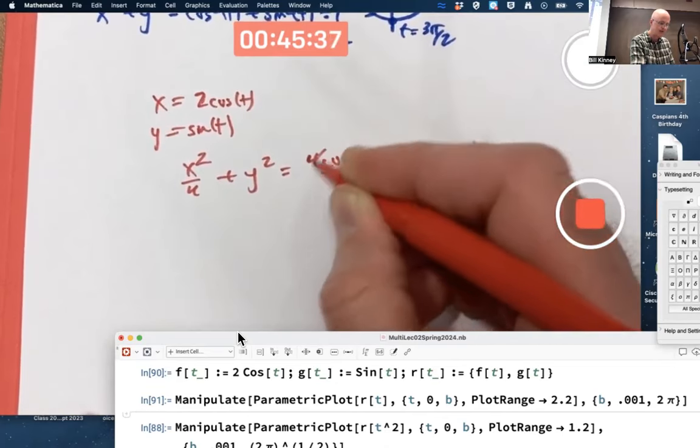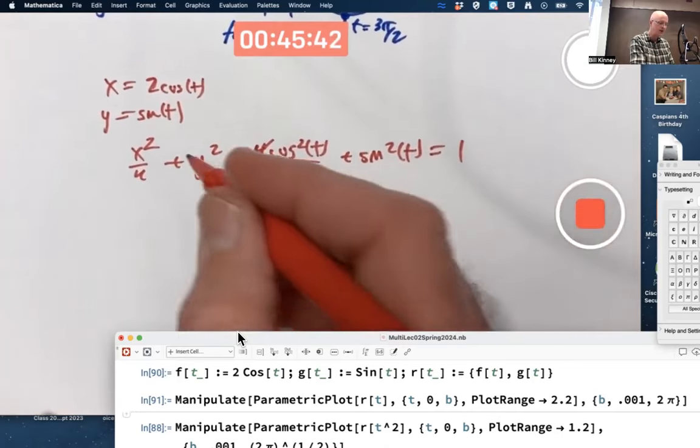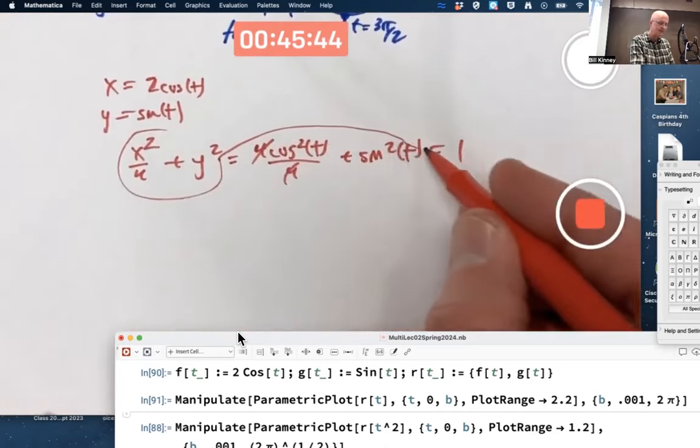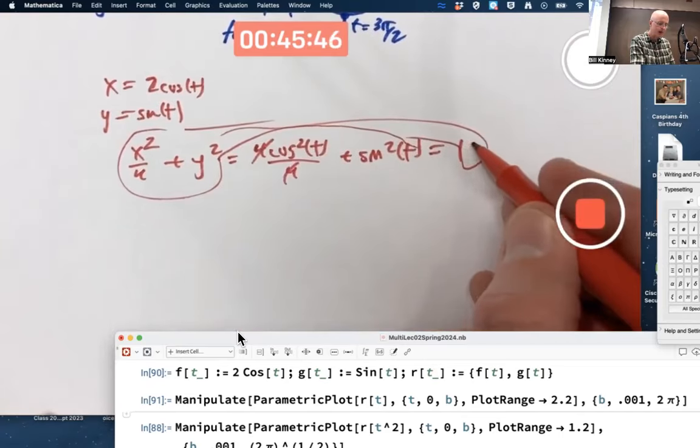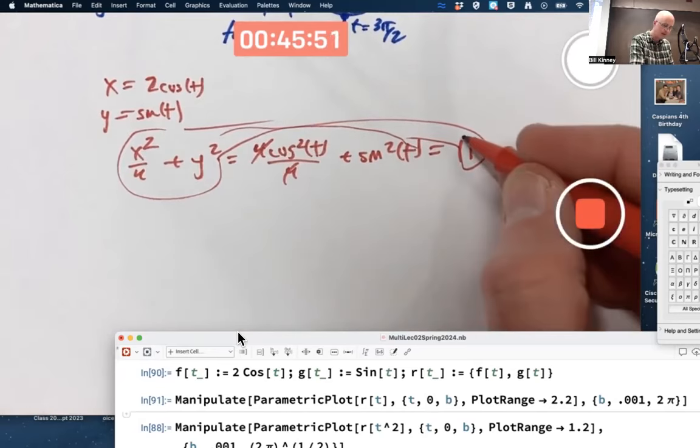The 4's cancel, leaving me with cos squared t plus sine squared t equals 1. The equation of the ellipse that we parameterized is, in x and y coordinates, x squared over 4 plus y squared equals 1. That's a 1 there, not an 11.